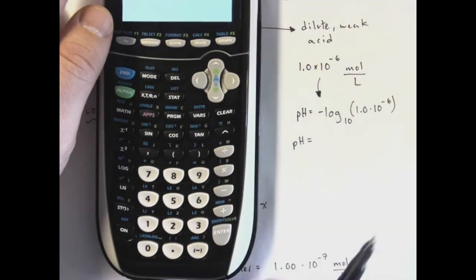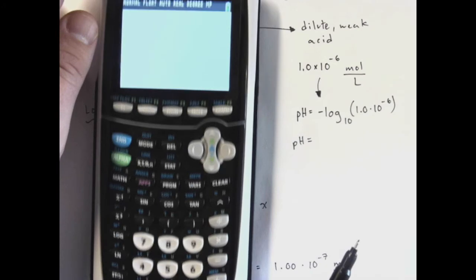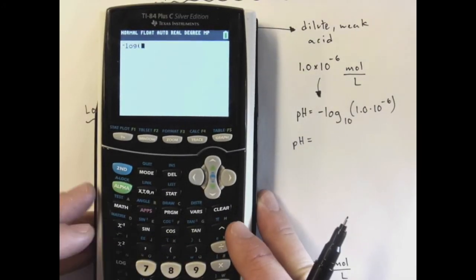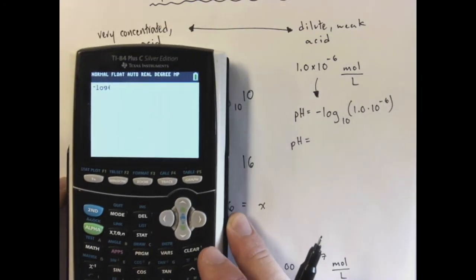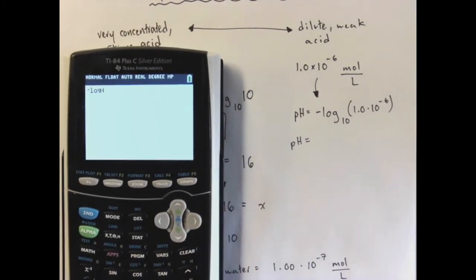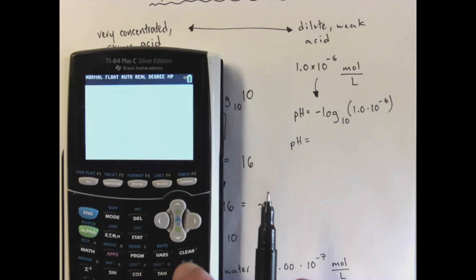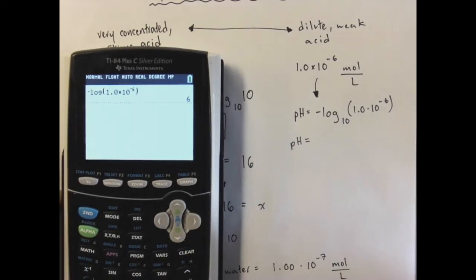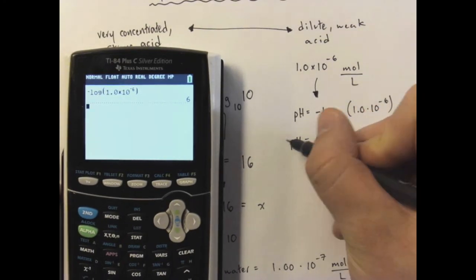Don't press the subtract sign, press the negative one. So we're going to do negative log. Sorry, I'll just move it there so you can maybe see it a little bit better. 1.0 times 10 to the negative 6. And it gives me the positive version of that value, which gives me a pH of 6.